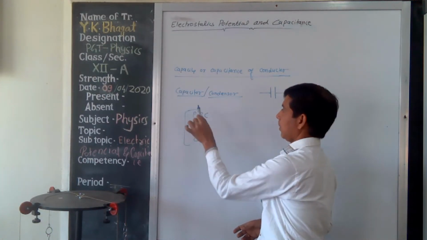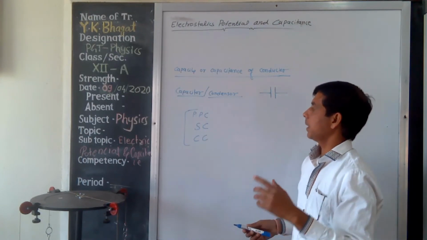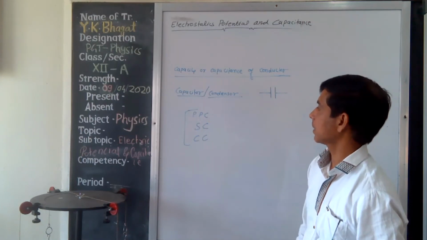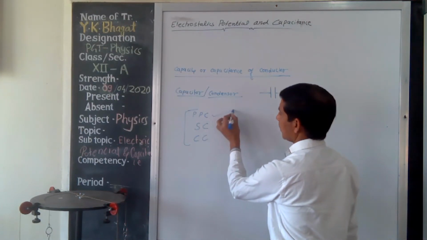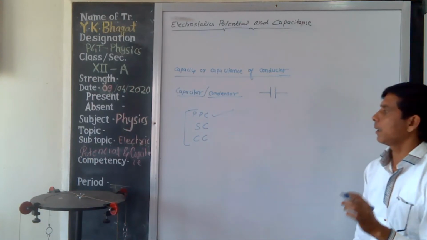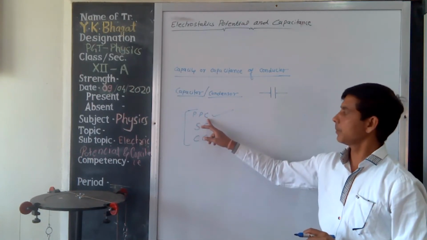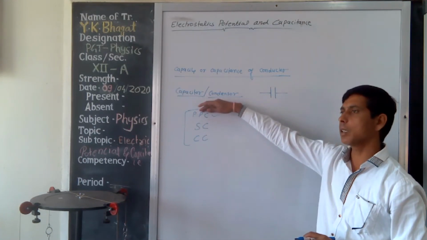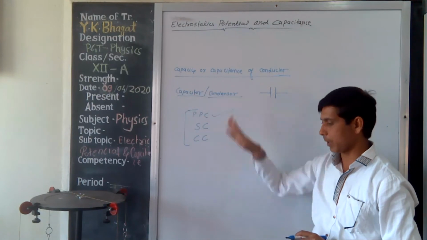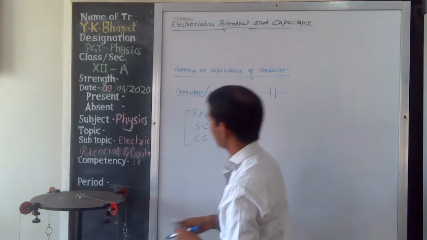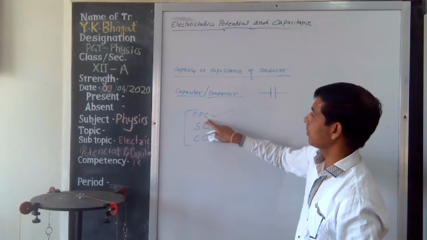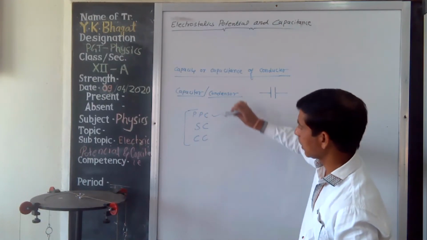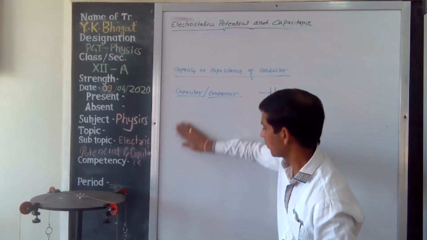The name depends on the size of the capacitor and the shape of the conductor. But in our syllabus we discuss only the parallel plate capacitor, its expression, its derivation and numericals on the parallel plate capacitor. Spherical condenser and cylindrical condenser are not in our syllabus.